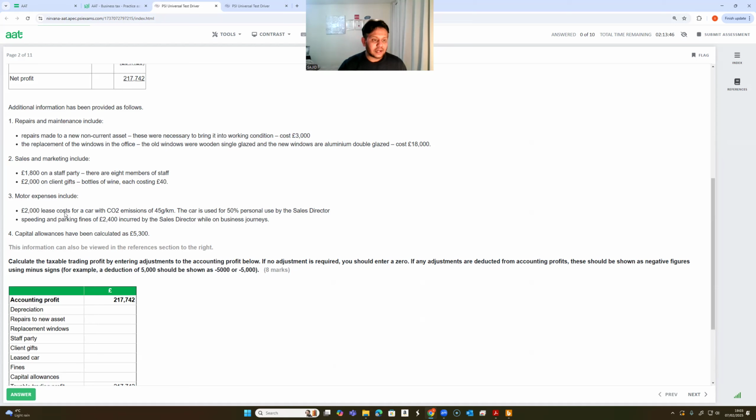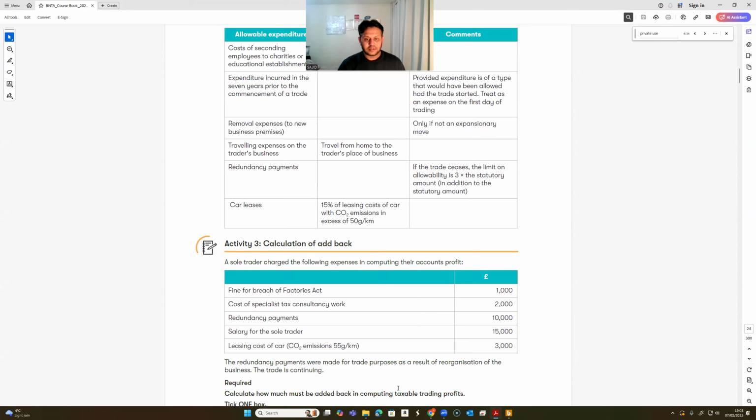Now, lease car cost is always allowable expenditure as long as they're under 50 grams. So for example, if I want to show you the detail, the lease car, you can see here. We have the lease car here, and you can see 15% of the leasing cost of the car with CO2 emission in excess of 50 grams.